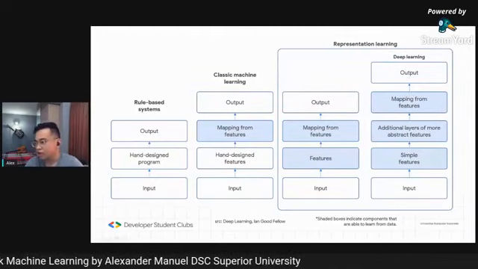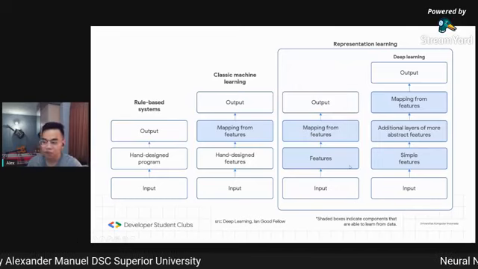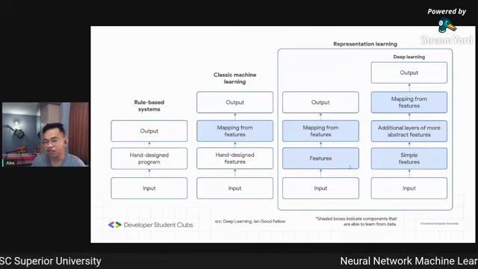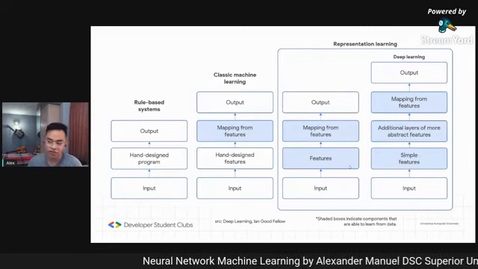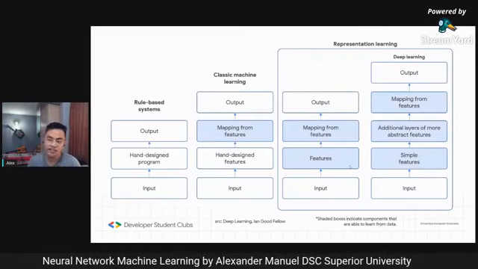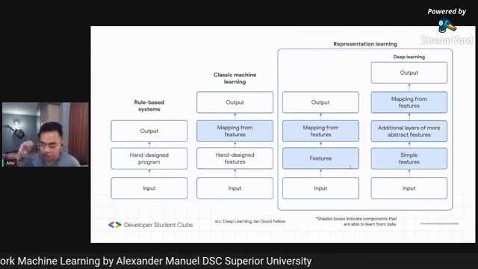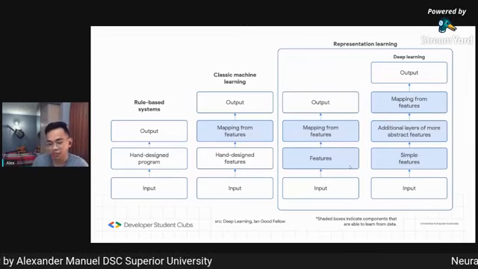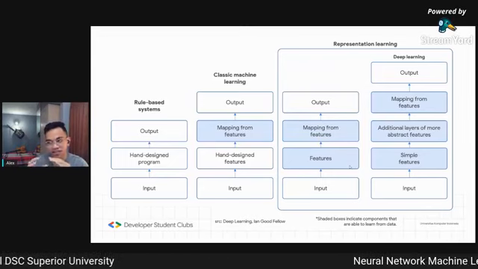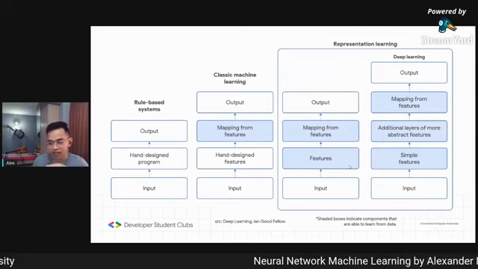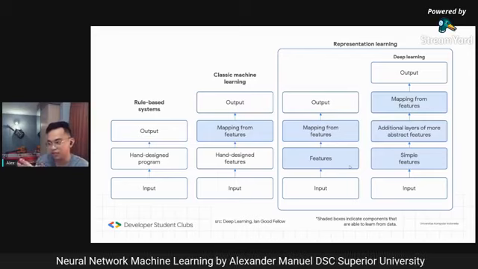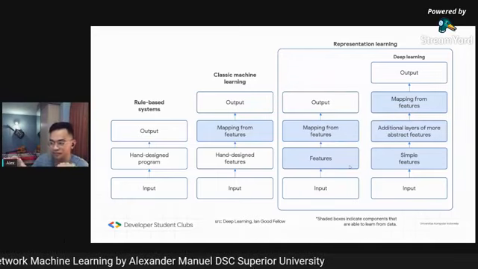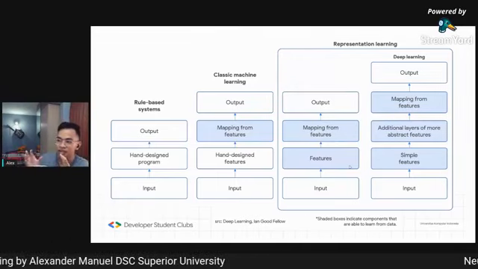In the first one, you get an input, and then you get a feature, and then you map it, and then you get an output. And there's deep learning where you take an input, but at first it will see only a simple feature, and after that it goes deeper into layers, like a filter.